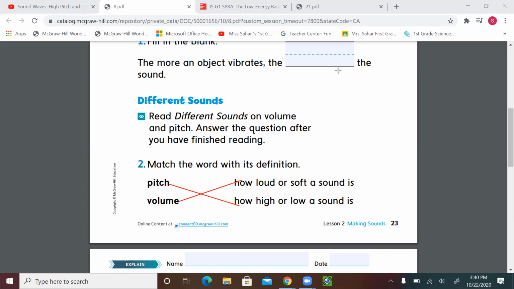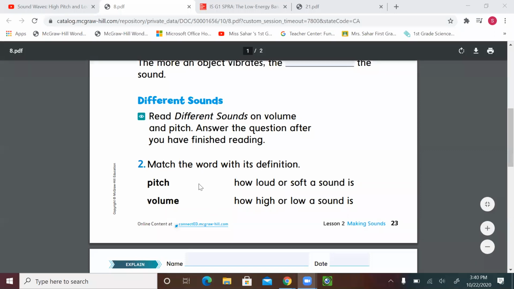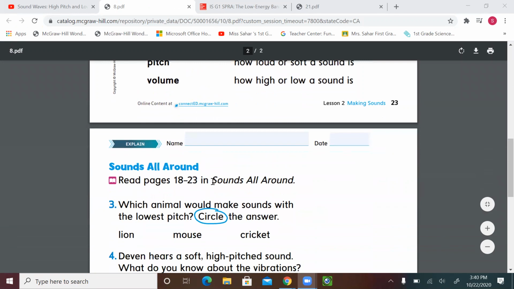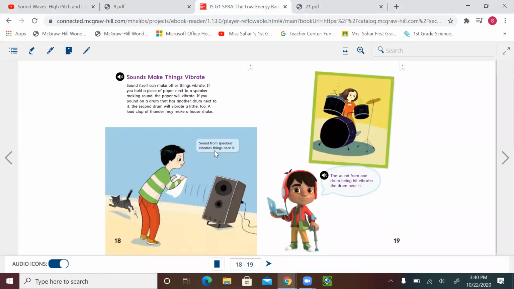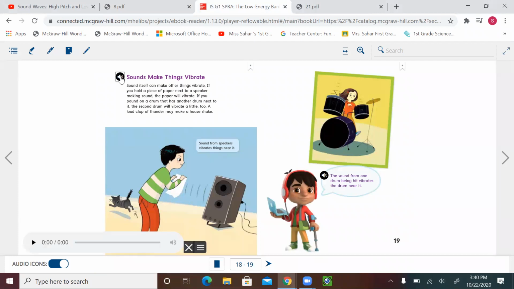Right? So let's clear this and go to the next page, page 24. Okay. For this one, we need to read our book. All right. Sounds all around. Let's listen. Sounds make things vibrate.